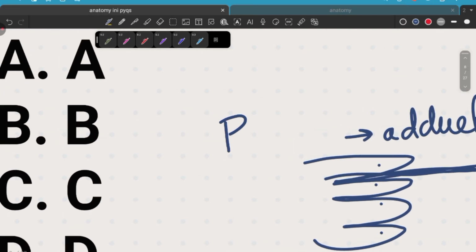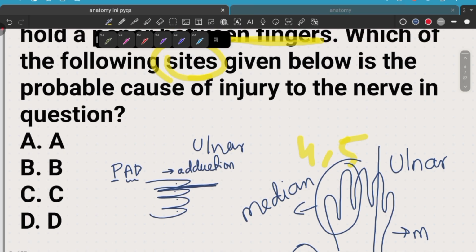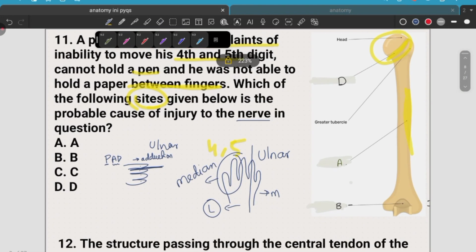That is palmar interosseous. It is a PAD muscle, palmar interosseous for adduction. The palmar interosseous muscle is supplied by the ulnar nerve. So we got to know that here the nerve injured is the ulnar nerve, but they're asking the common site.